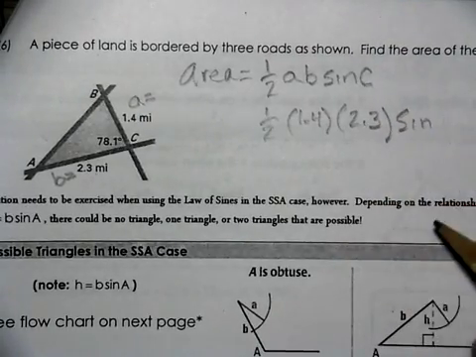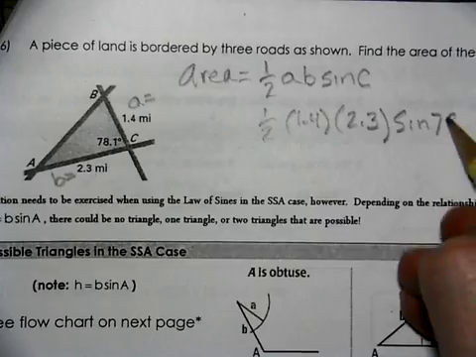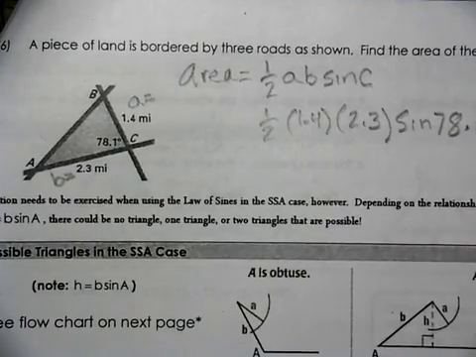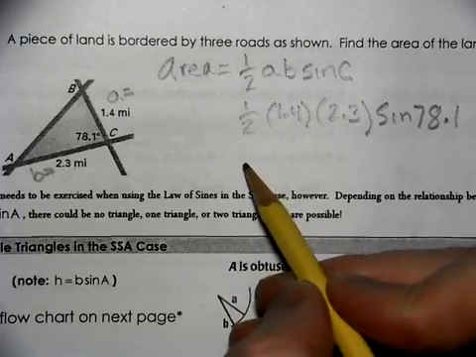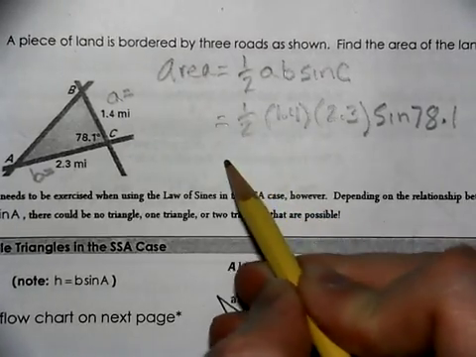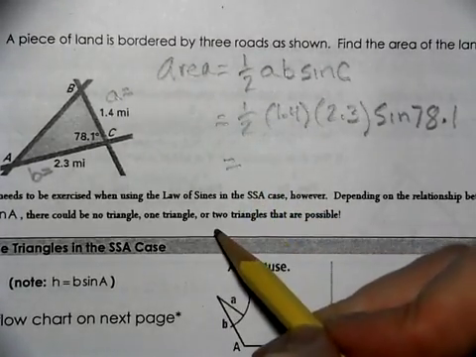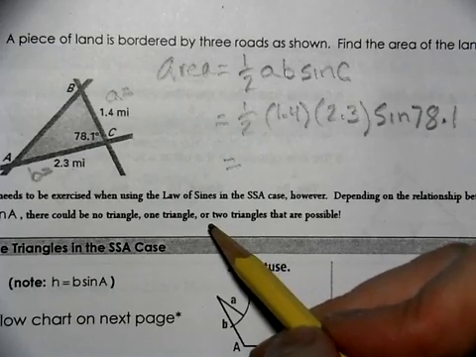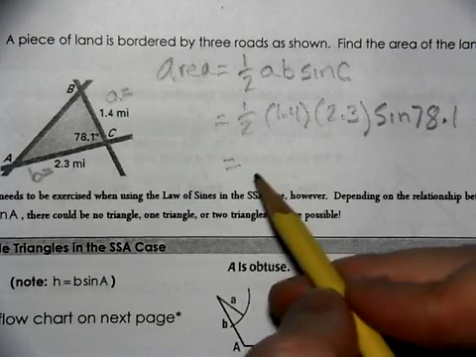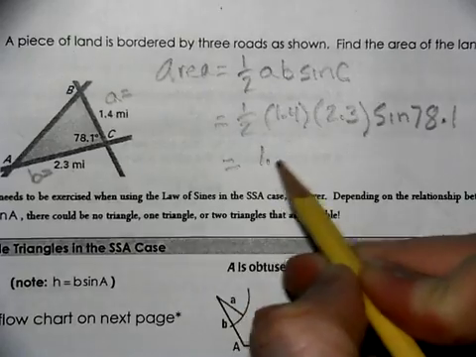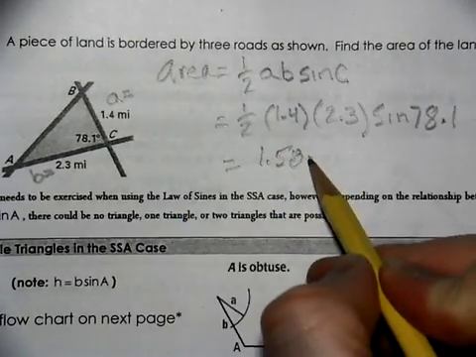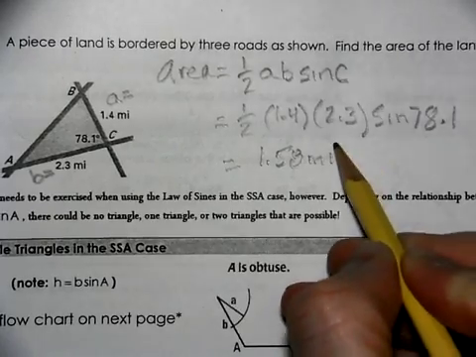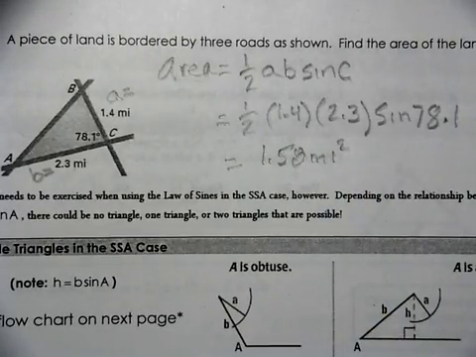And our angle is 78.84. So we can plug that into our calculator, and when we do that, we'll come up with an area of 1.58, and these are miles squared.